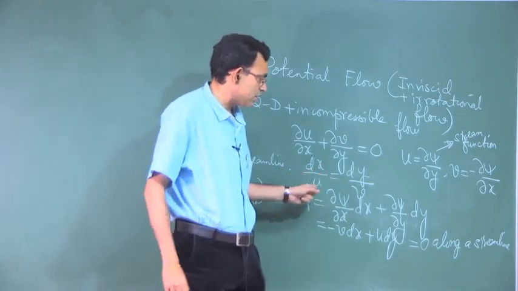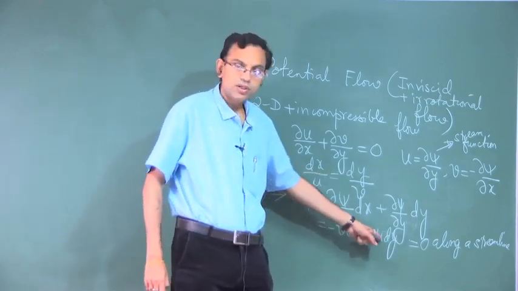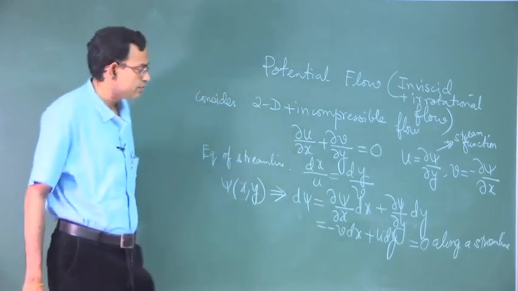Because v dx is equal to u dy. So, these two terms cancel along a streamline.